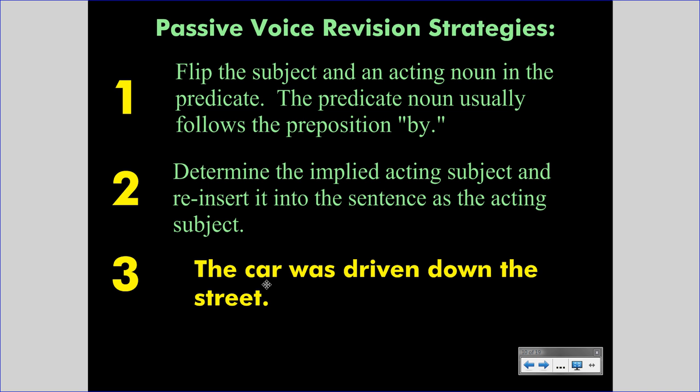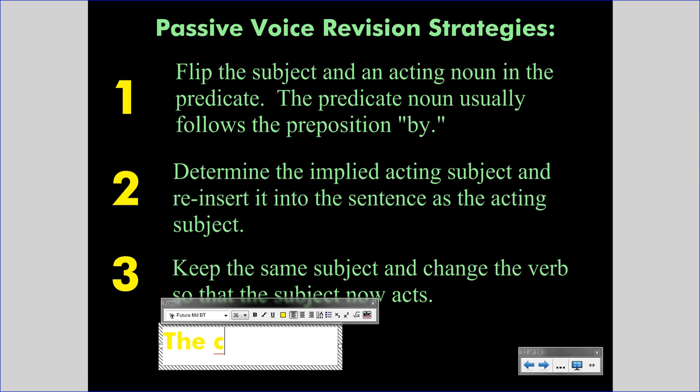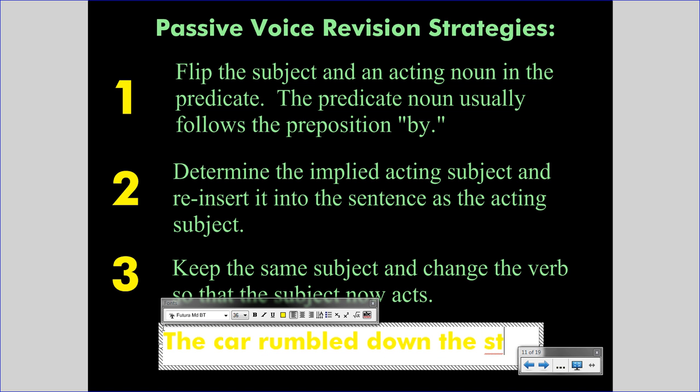If we determine that that implied acting subject is John, then we have the revision, John drove the car down the street. But it's not there yet. We must find it. The third possibility is keeping the same subject but changing the verb so that the subject now acts.